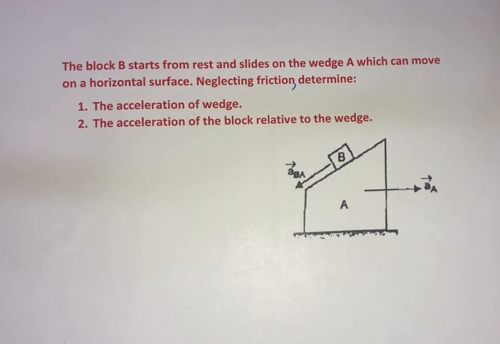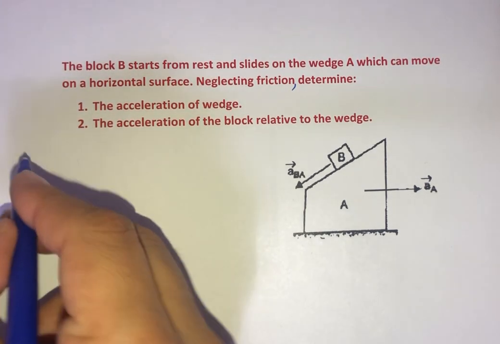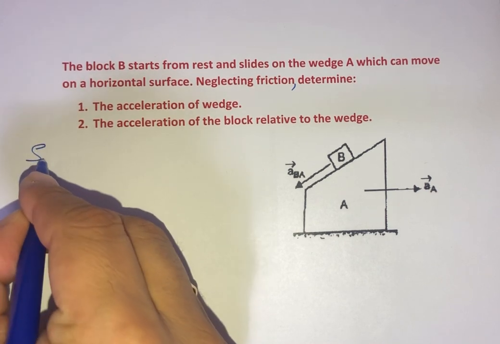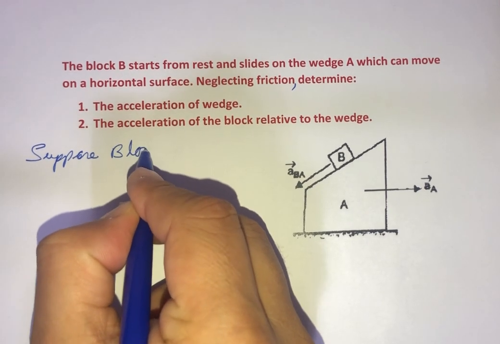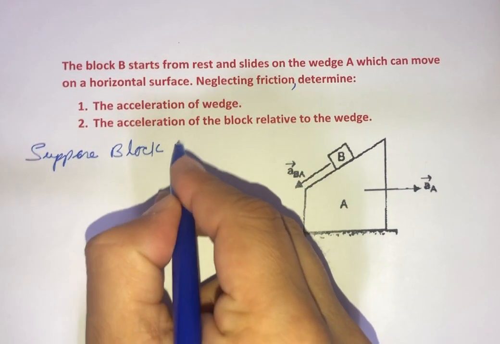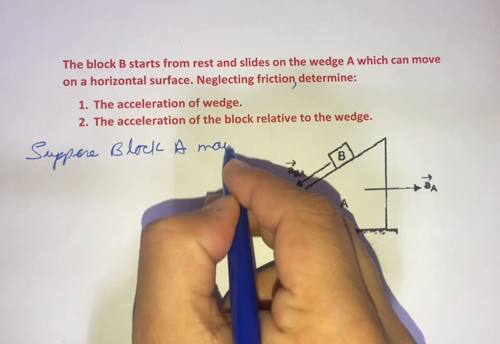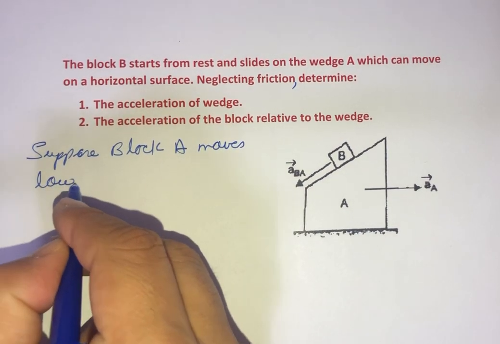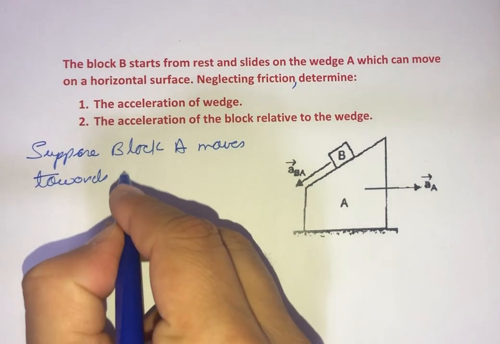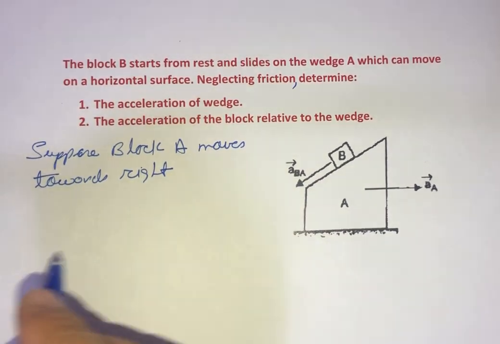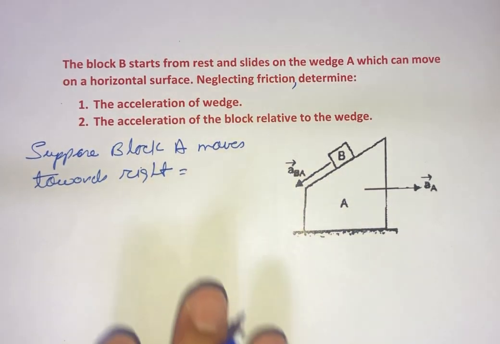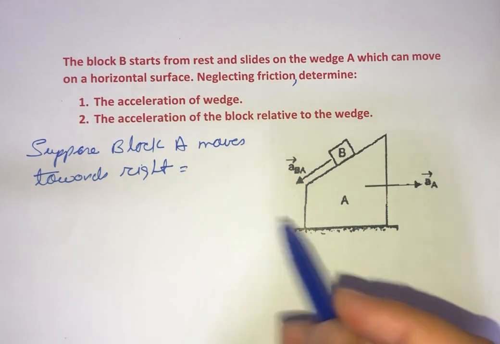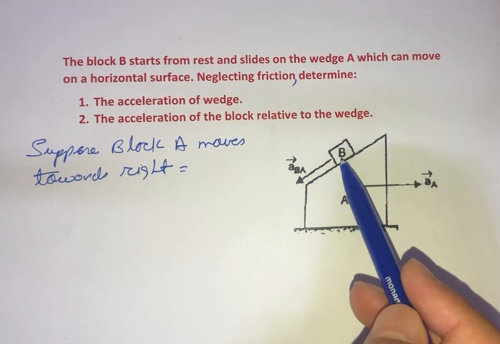So in this case, we say suppose block A moves towards the right, and block B moves as block B slides down.